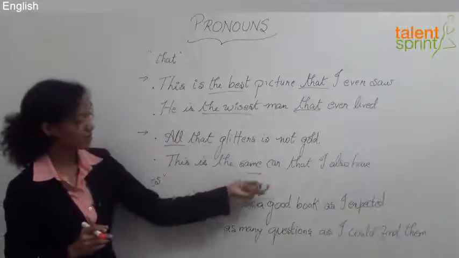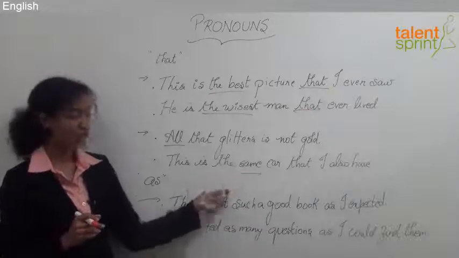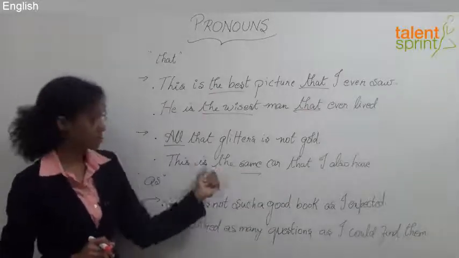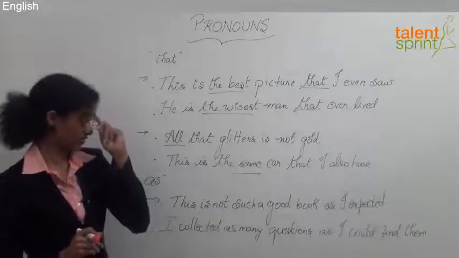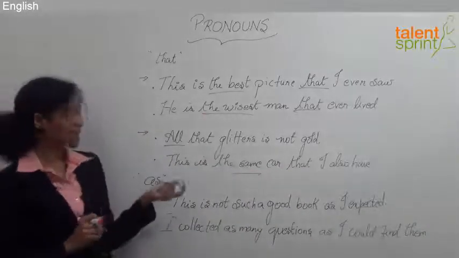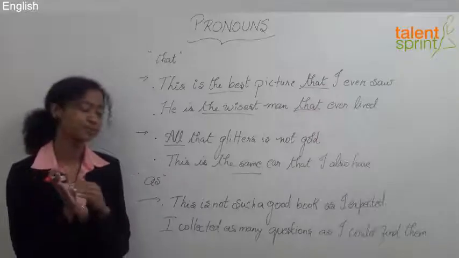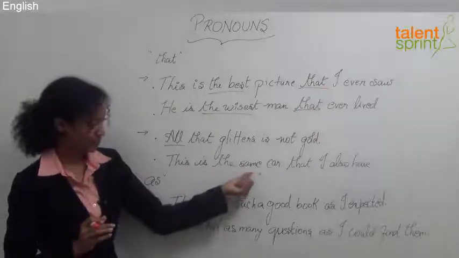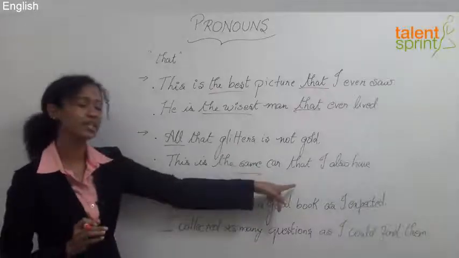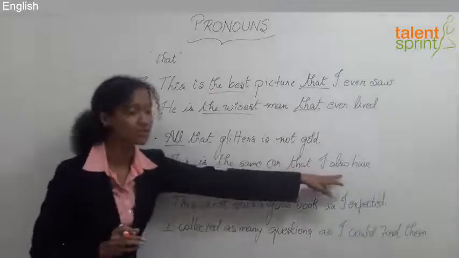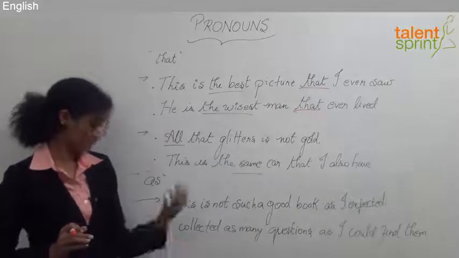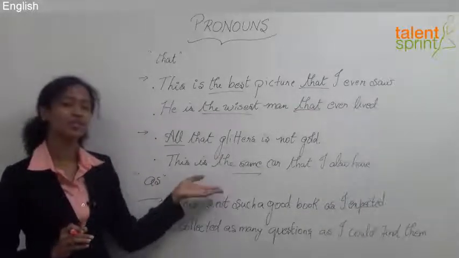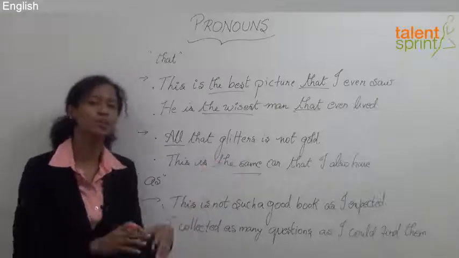Likewise here, this is the same car. This is the first clause. It contains the word same. So that is used. This is the same car that I also have. Now, another thing you need to remember: when the first clause has the words the same, that must be the relative pronoun where the verb is expressed. On the other hand, as is used as a relative pronoun when the verb is understood but not expressed.